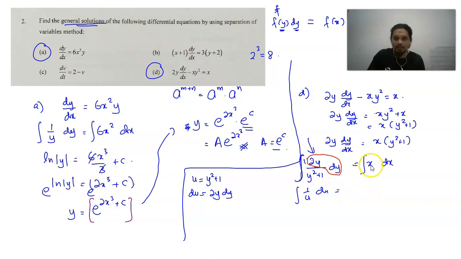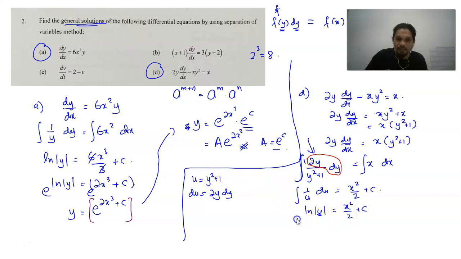The integral of x dx comes out to x squared over 2 plus c. So this one here comes out to natural log of u equal to x squared over 2 plus c, and again taking the constant e on both sides, then u equal to... don't forget that we substitute u with y squared plus 1.